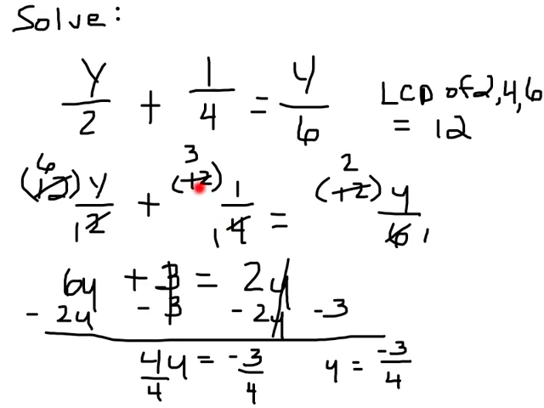The 4 will go into the 12 3 times, and 3 times 1 is 3. And here 6 will go into itself 1 time and into 12 2 times, and 2 times y is 2y. Now all I have left to do is move this 3 over here and this 2y over here. I get 4y equals negative 3.